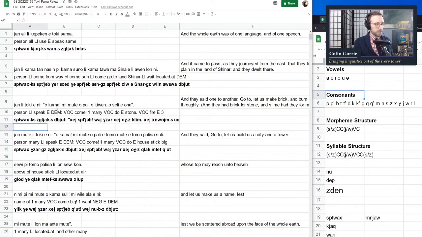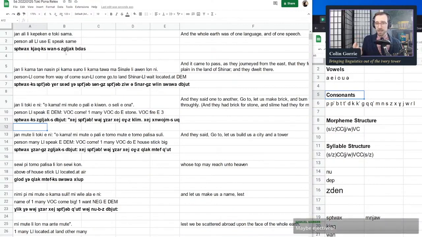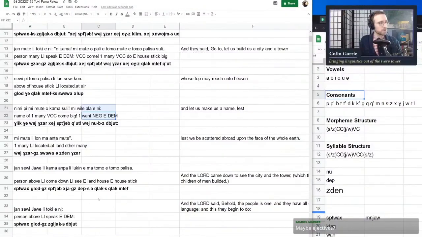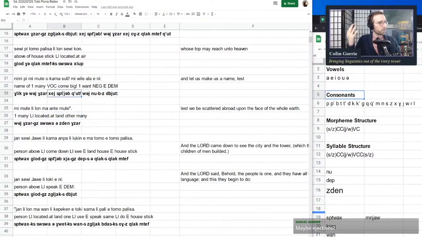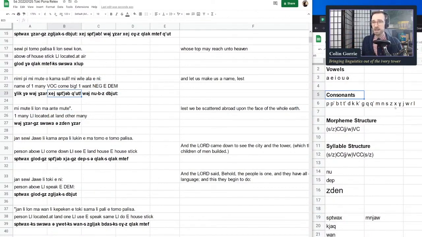Ge sptib woi gzar ge ogs klak mtef goed. Glodge klak mtefks swa chloep. Glik ge woi gzar ge sptib goed woi noobs buut. Let's scroll down. Woi gzargs swa as den gzar.